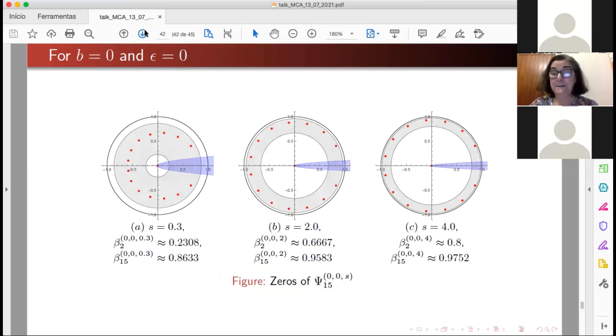My last slide is this, where we choose a polynomial of degree 15, and we draw the ring where we guarantee that all the zeros are inside. Here is the zero equal to 0. And we also draw the parabolic region. See that there is no zero inside it.